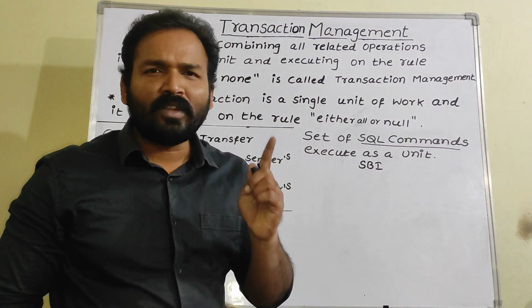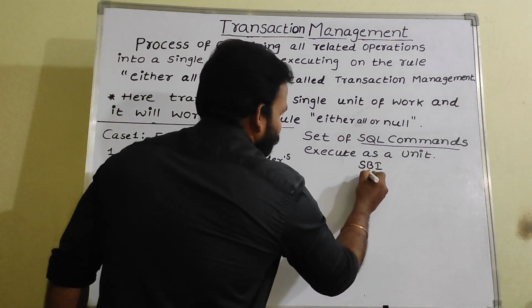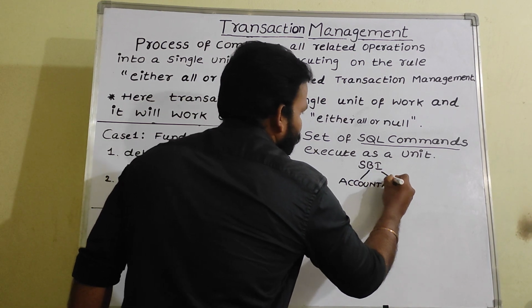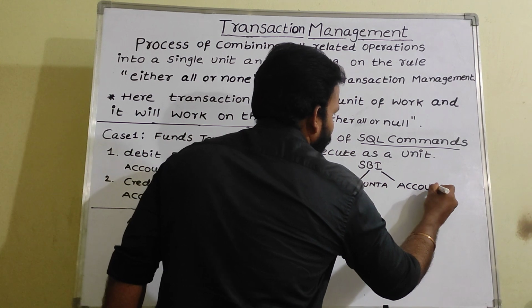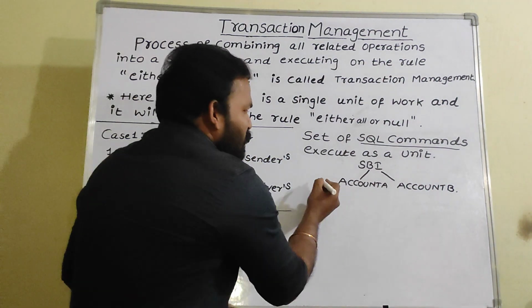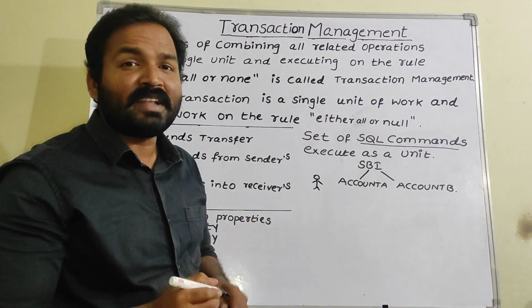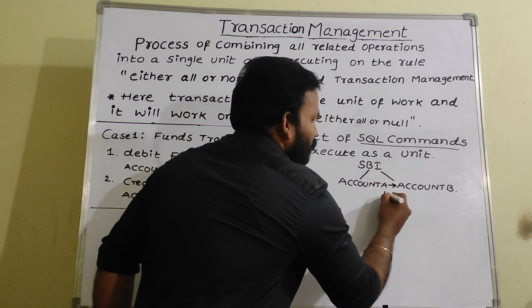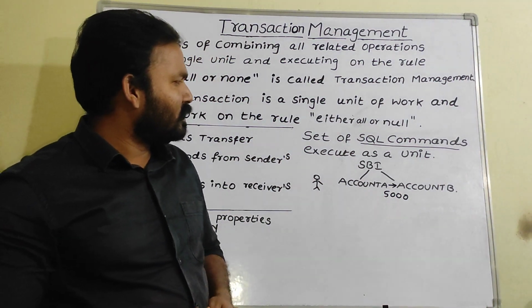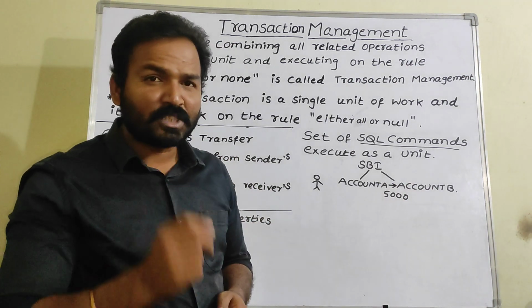Consider that account A and account B exist. The customer of account A wants to transfer 5,000 to account B. Here two commands will execute.